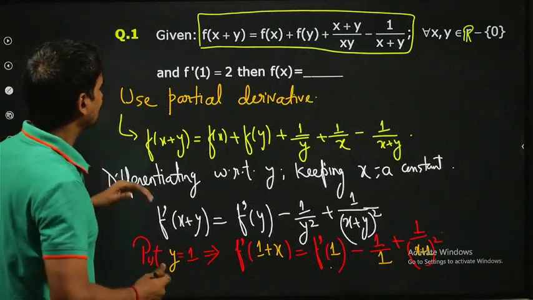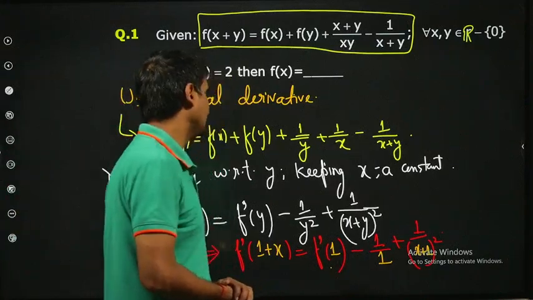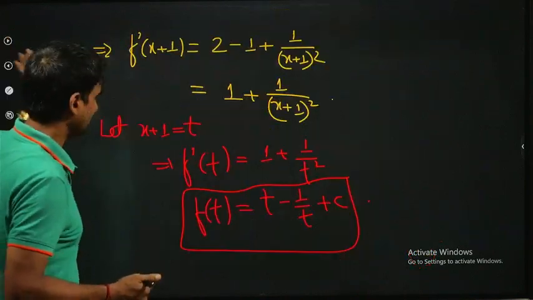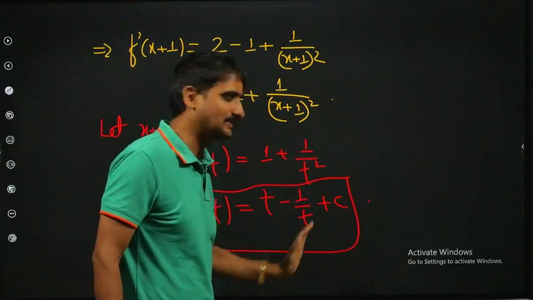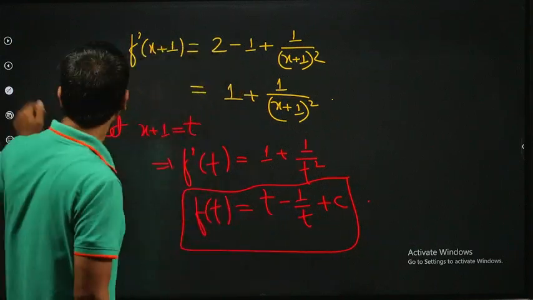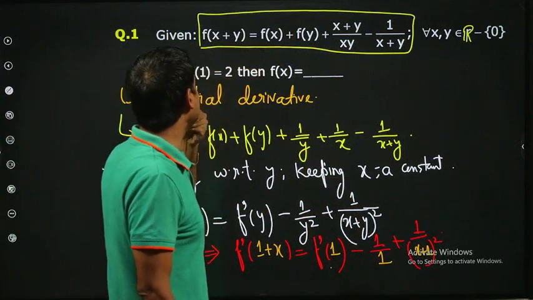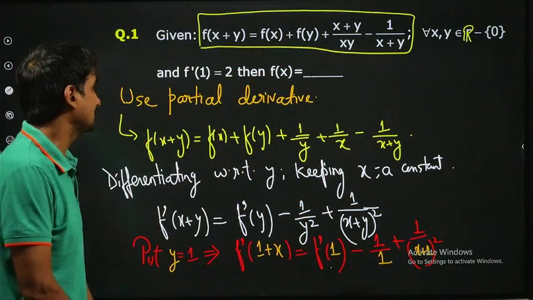If you have to find that value, we can leave it, or since we need f of x, that's fine: x minus 1 by x plus c. Now if you have to find the value of c, we can do it by getting the value of f of 1, if it helps. Let's try.